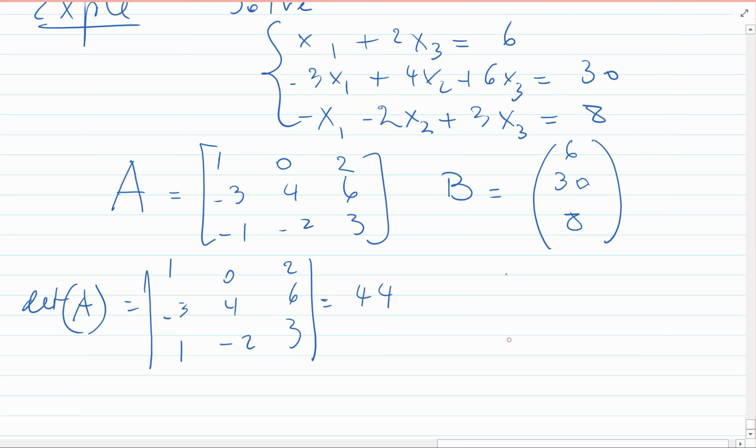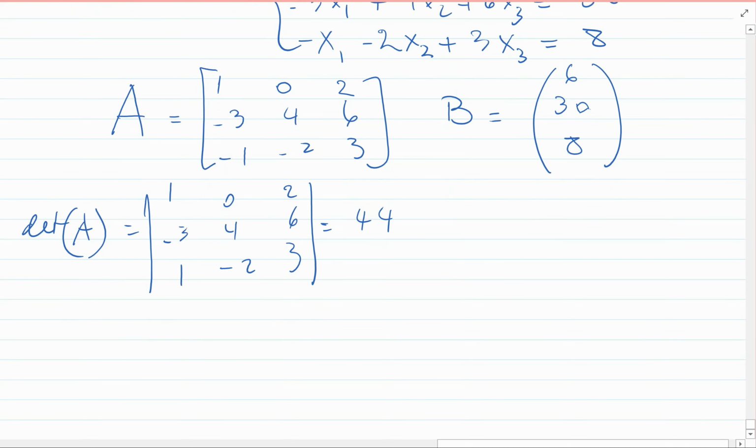Okay, so now what do we do? We replace the first column of A by the vector B. So we're looking at 6, 30, 8, 0, 4, minus 2, 2, 6, 3.